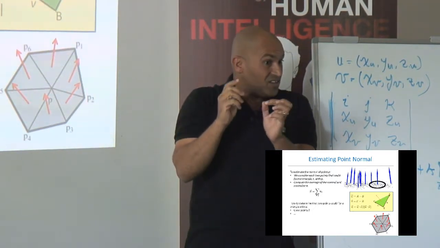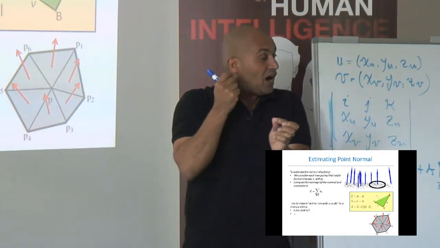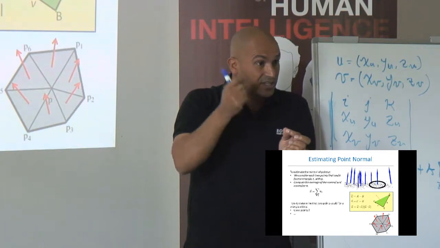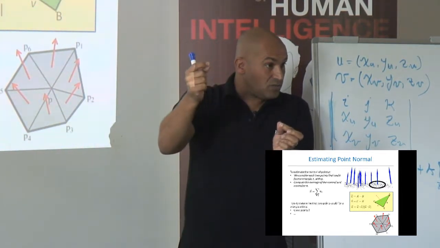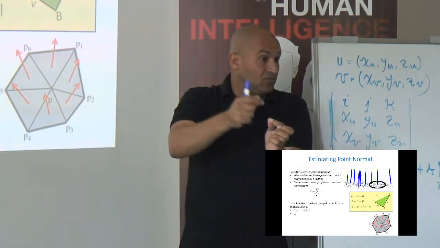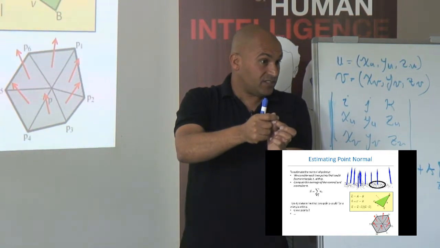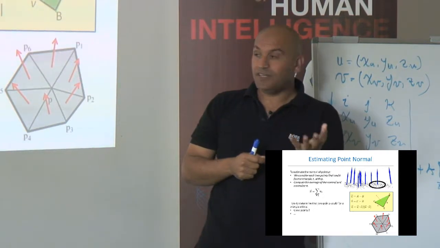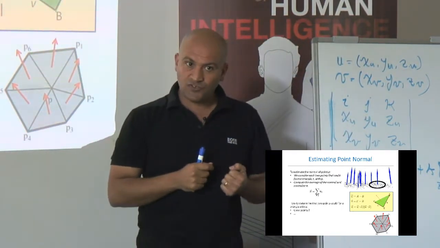So we need to be careful about how to pick the 2 points that will create a triangle with our point P. But if we are in a depth image, our life is much simpler.